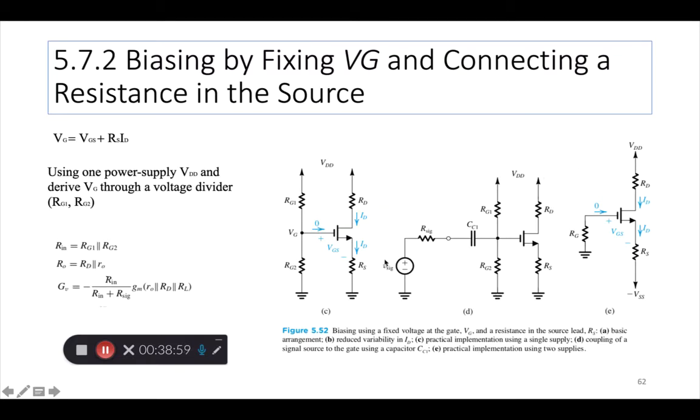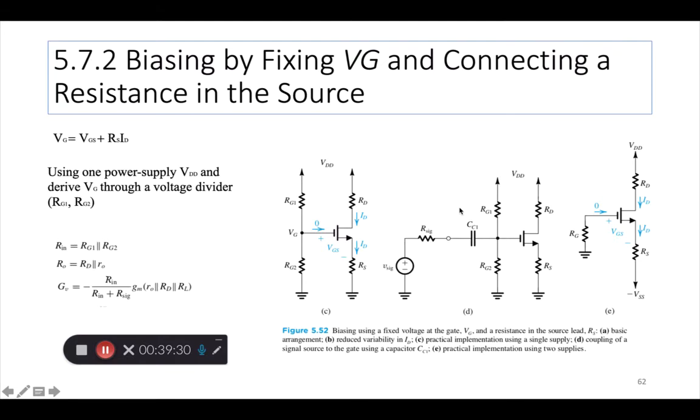The same subsystem can also be implemented using two supplies, one at the drain VDD, which is the one we use most, but if you have a second battery, you can connect that to the source, and this makes it even more of a robust biasing system. But obviously the price you pay is that you require two different batteries or power sources.